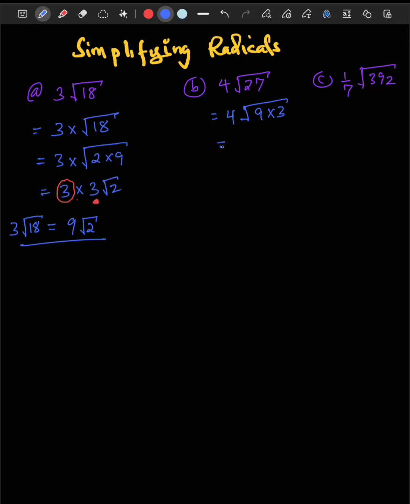In the under root 9 times 3, we can find the square root of 9, which is 3, and we cannot find a whole number square root of 3.